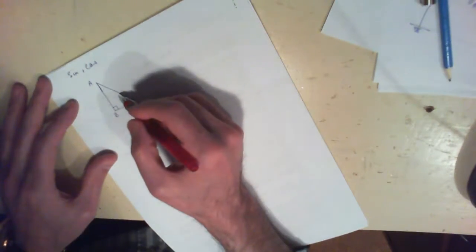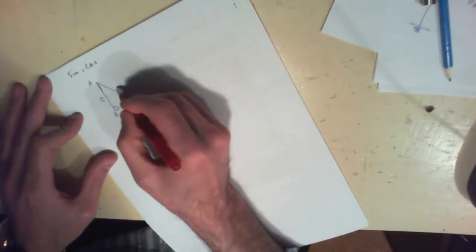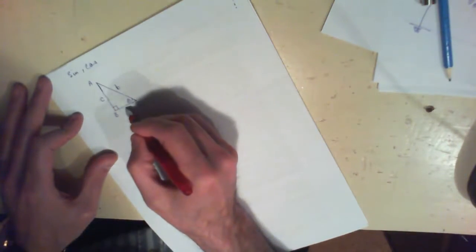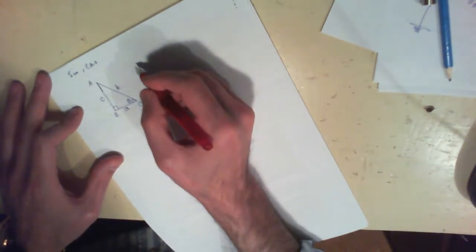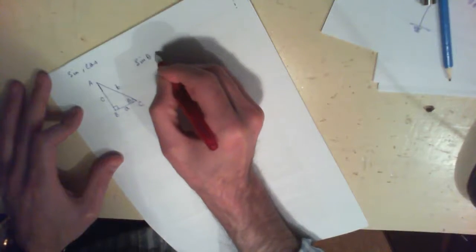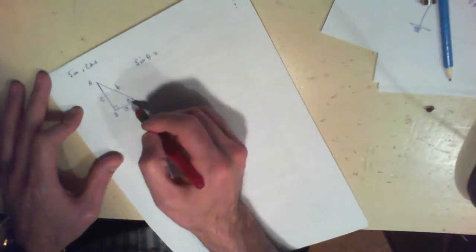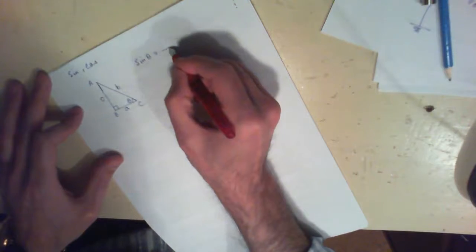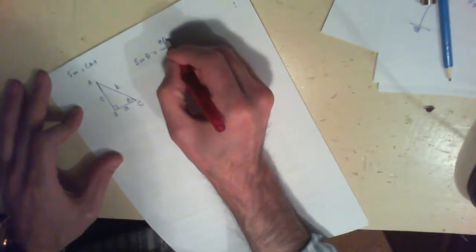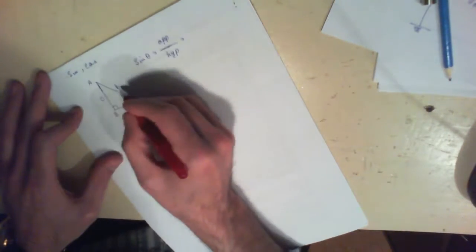If I denote the length of this side by lowercase c, this side by lowercase b, and this side by lowercase a, then sine of theta is defined as the opposite side divided by the hypotenuse, which is equal to c divided by b.